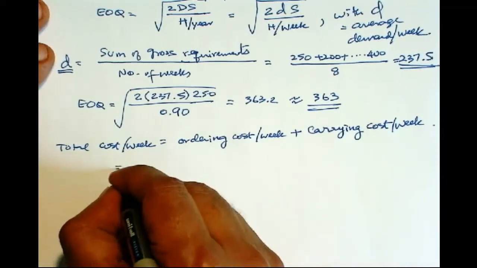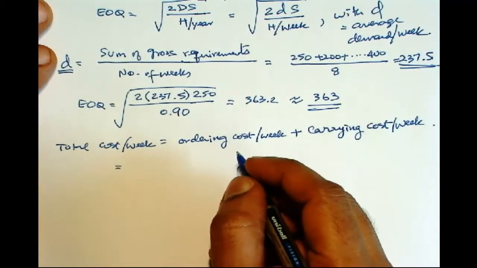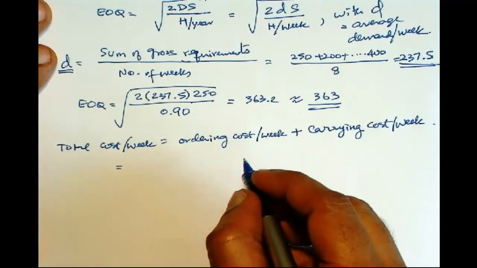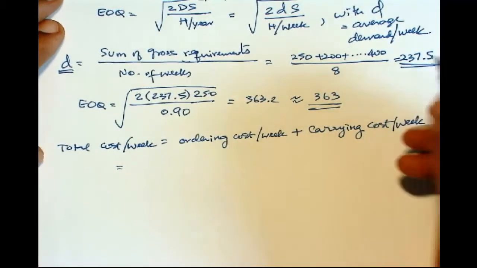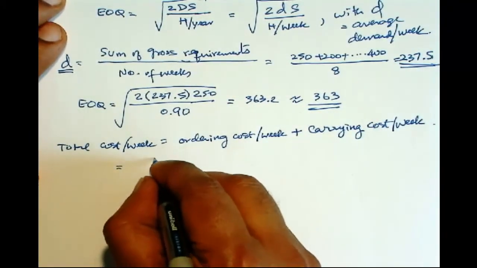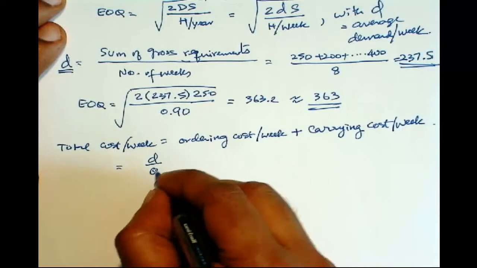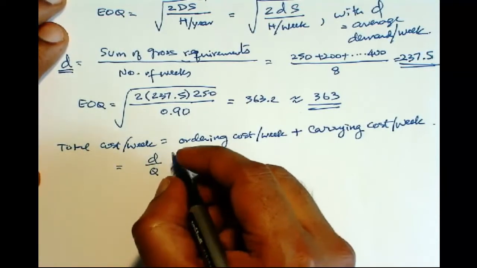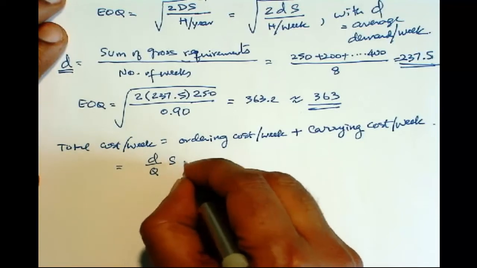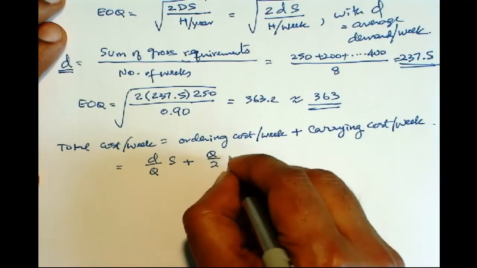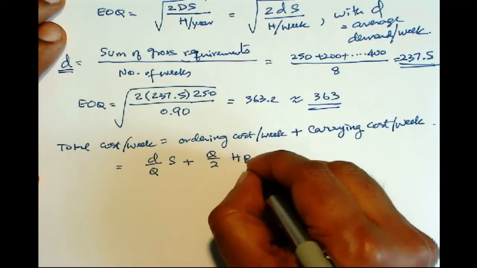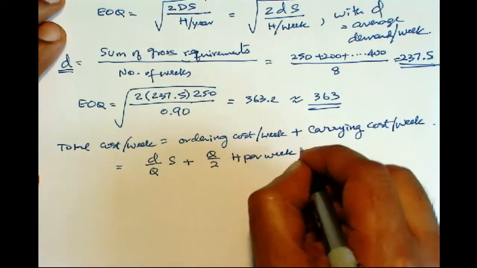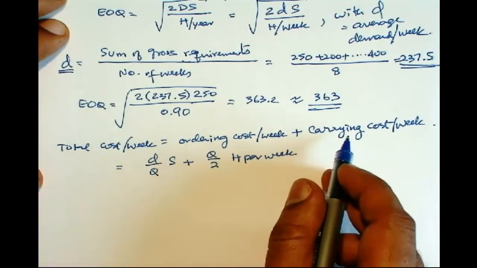If you take the average demand per week, D over Q will give us on average how many orders you have to place per week, times S, and then Q over 2 times H per week will give you the per week carrying cost.